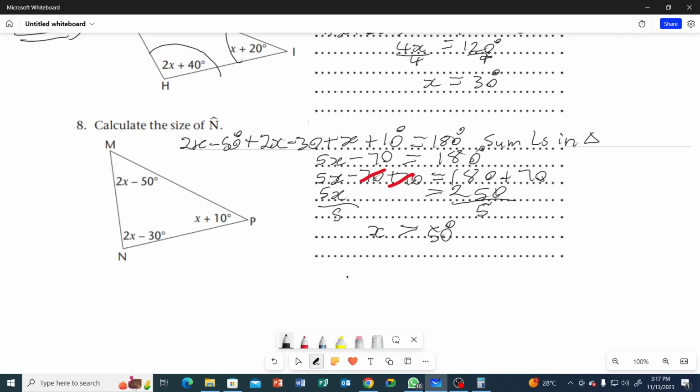Now that you got the value of x, you can calculate angle n. Angle n will be 2 into 50 minus 30, which is 100 minus 30, which gives us 70 degrees.